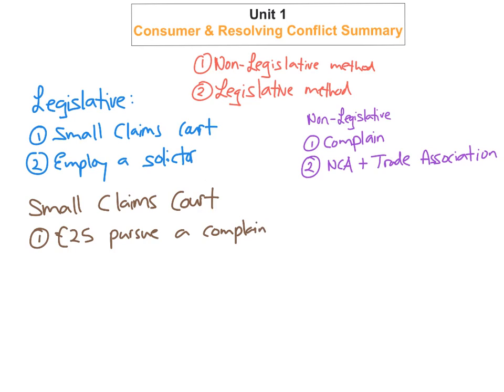So this is a really efficient and effective way, especially if you're arguing with the retailer over something of a small sum of money, such as maybe €80. You're not going to get a solicitor, because a solicitor is going to cost you more than €80. So what you're going to do is use small claims court, and this is to stop retailers taking advantage of consumers.